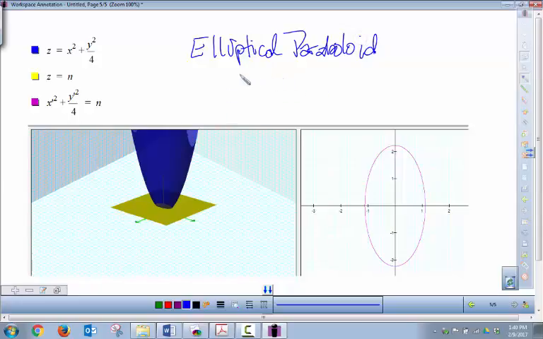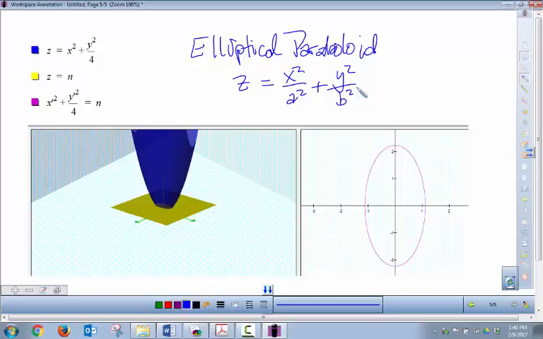So elliptical paraboloid, and the general equation for an elliptical paraboloid is this, and if A and B are both equal to each other, then this thing will end up being a circular paraboloid after all.